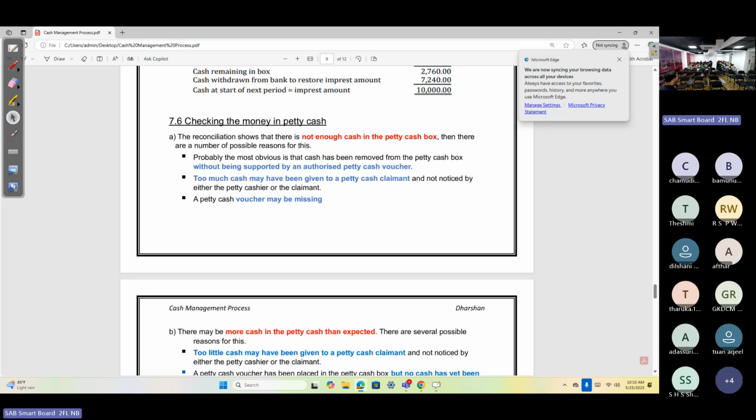Too much cash may have been given to the petty cash claimant. According to your book you have given only 10,000, but actually you might have given 12,000. In that scenario also, too much cash may have been given to the petty cash claimant and not noticed.